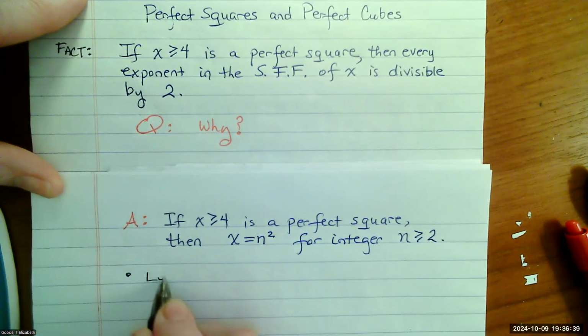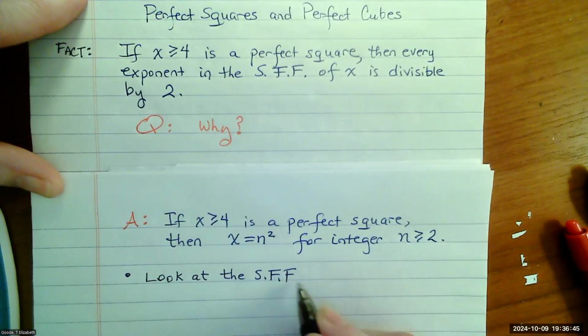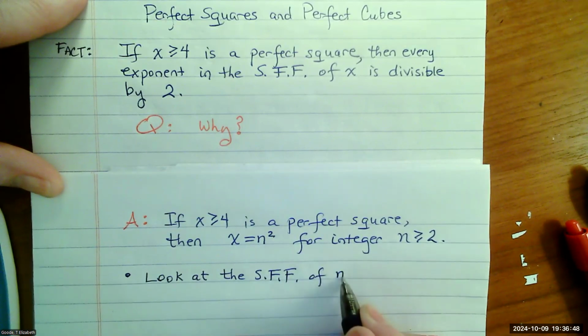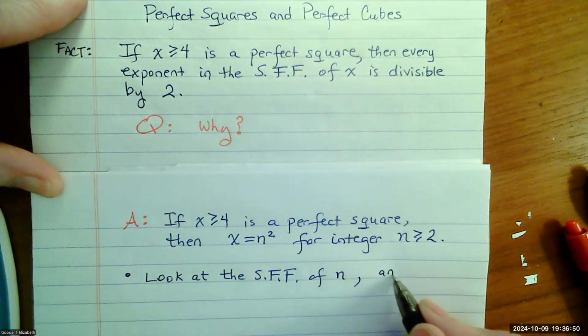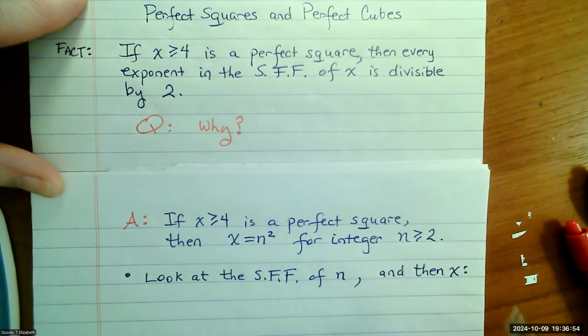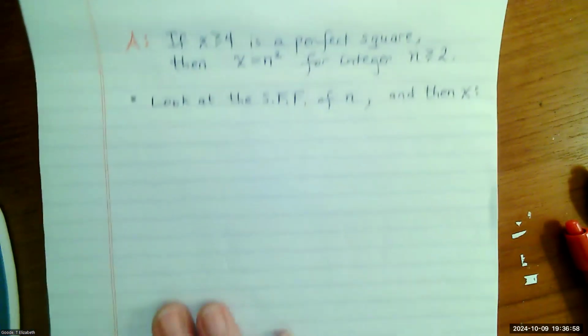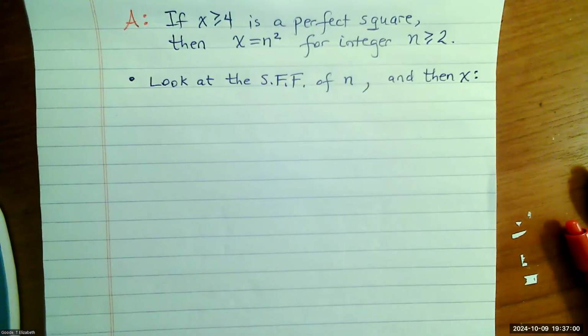And we are going to look at the standard factored form of n and then x. That's our game plan. So we're going to look at the standard factored form of n and then see what happens to x.